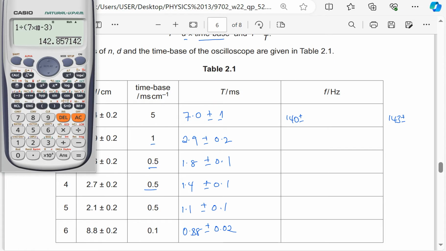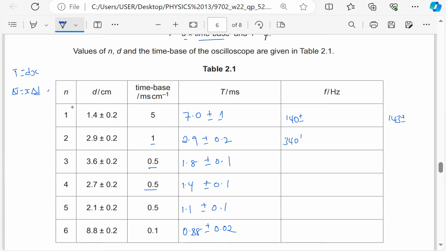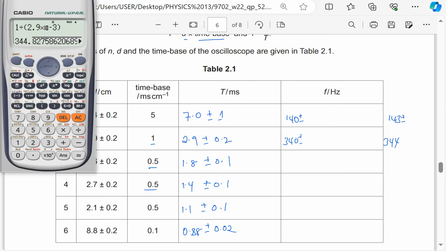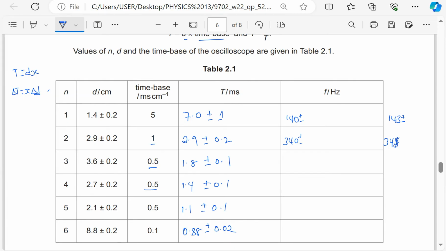Then the next one is going to be 1 divided by 2.9 exponent minus 3. So I can either write 340 or you can write 344. Is it 345 plus or minus?